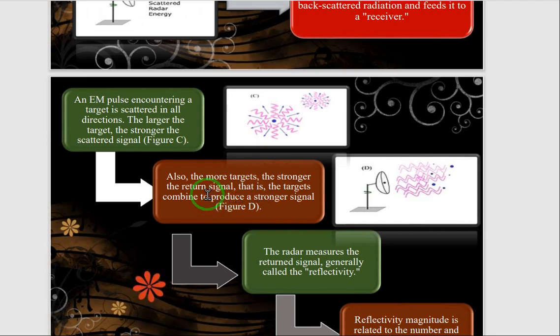The radar also has the ability to detect more than one target, and if more than one target is detected, the return signal is stronger, which identifies that more than one target is on the way.